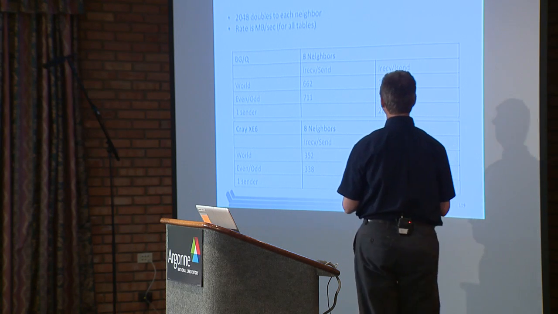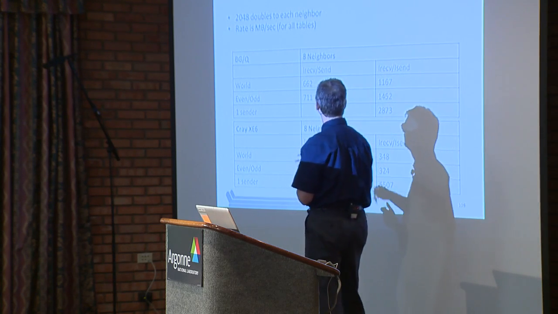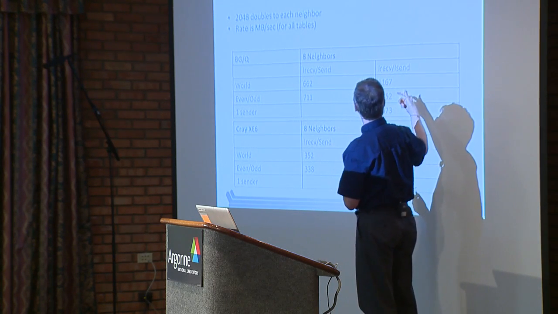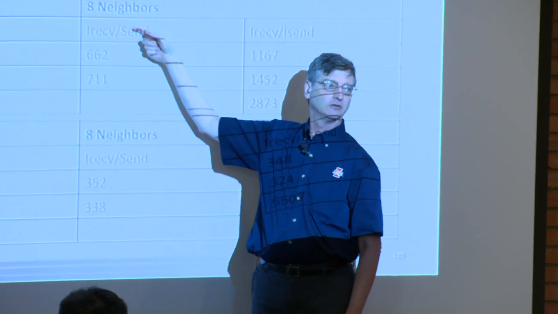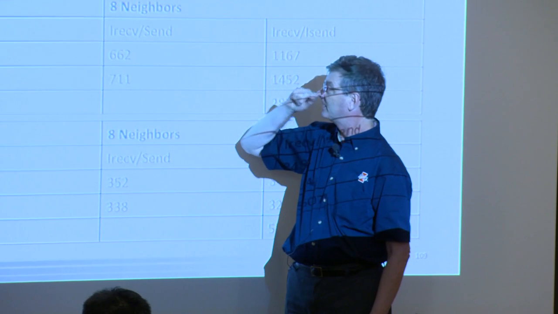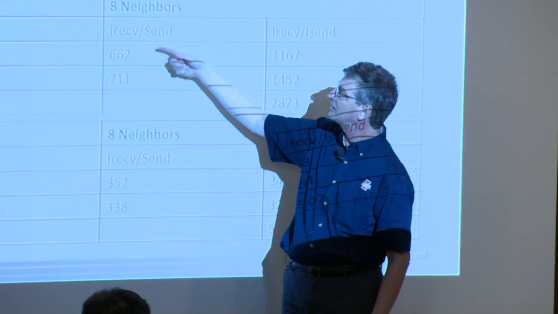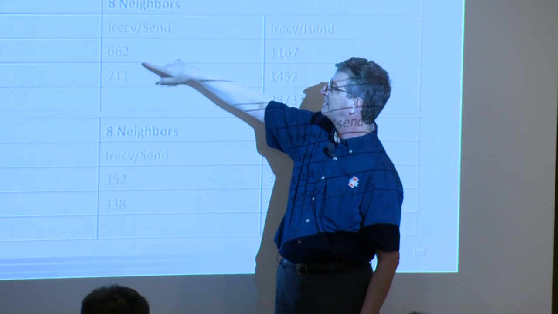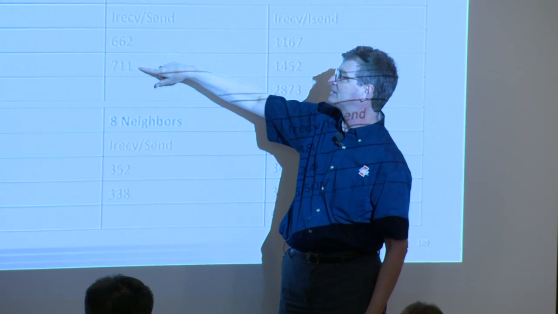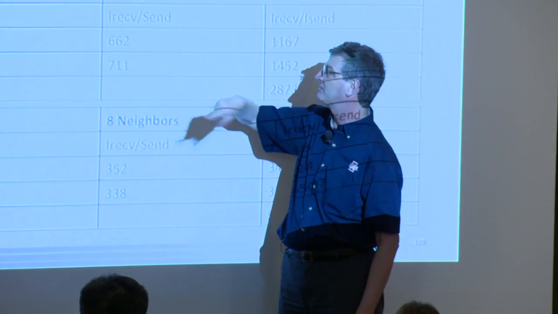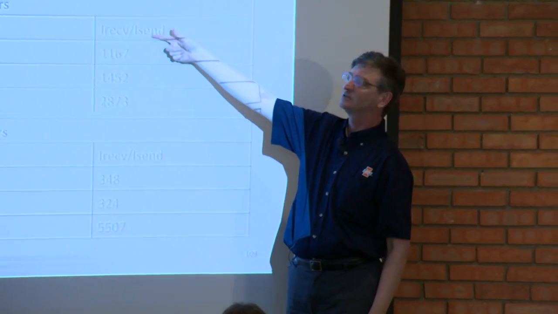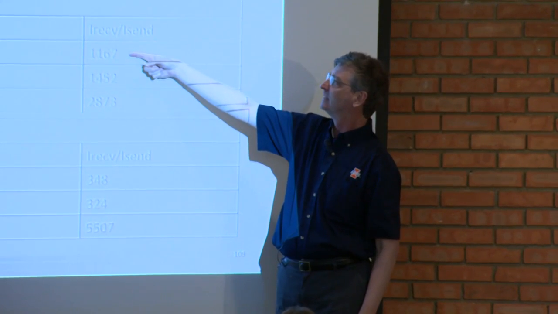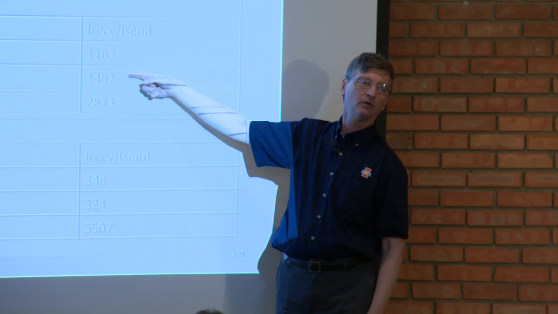And you can see some of the things that we talked about this morning. So for example, do the I receives and then do those individual sends. On the BGQ with 8 of them, I got a rate of 660 or 711 megabytes per second. But if I did I sends as well as I receives, I got performance that was basically twice as high.